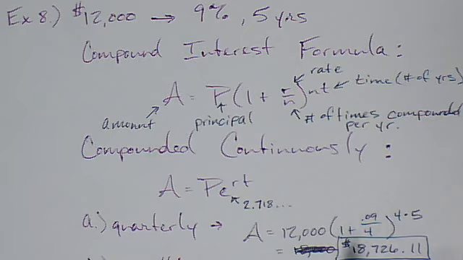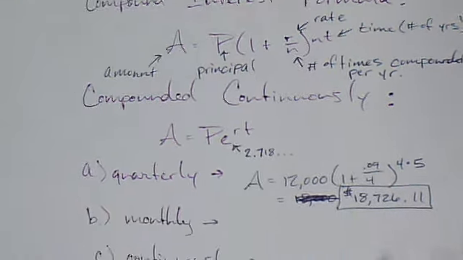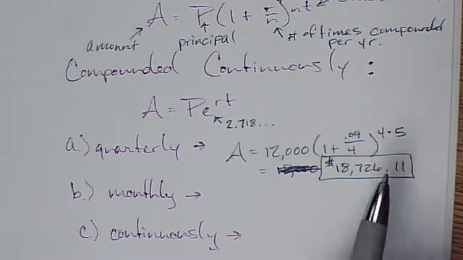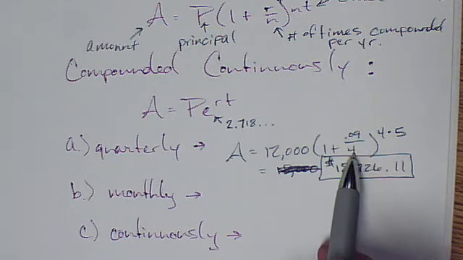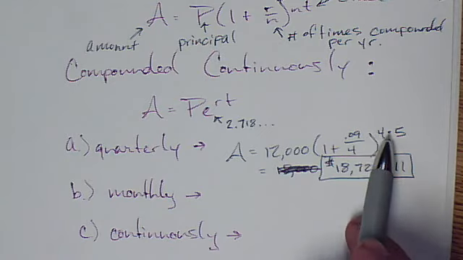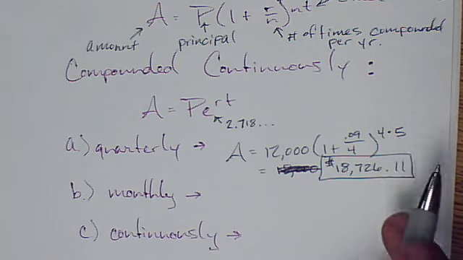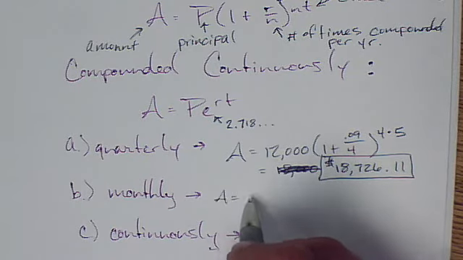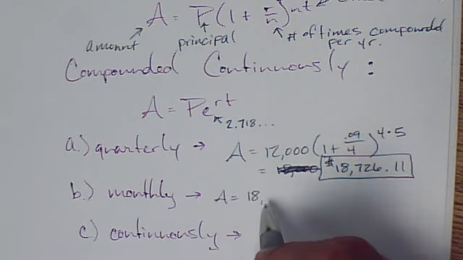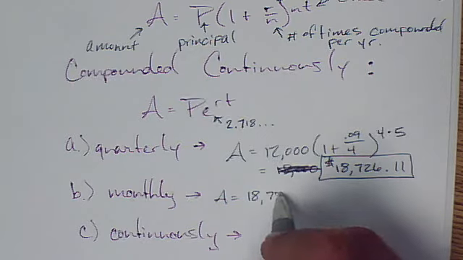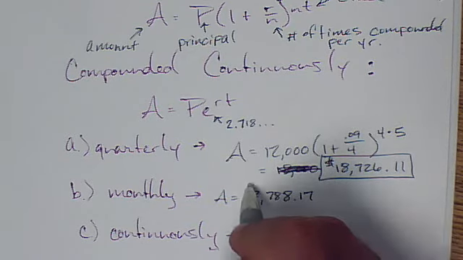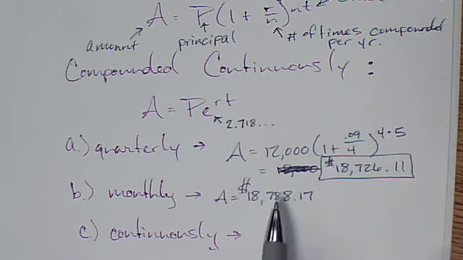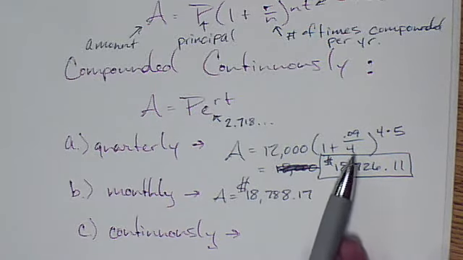If you were doing it monthly, you would put 12 in for N. So this would be 0.09 over 12 to the 12 times 5. And you would get $18,788.17. So you get a little bit more because it's compounded more times per year.